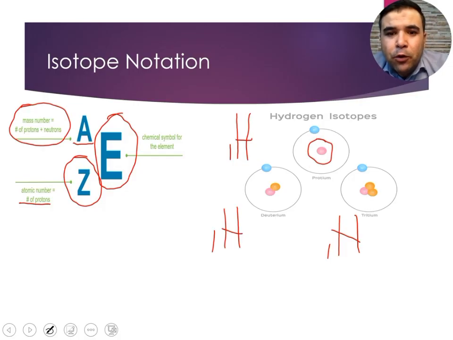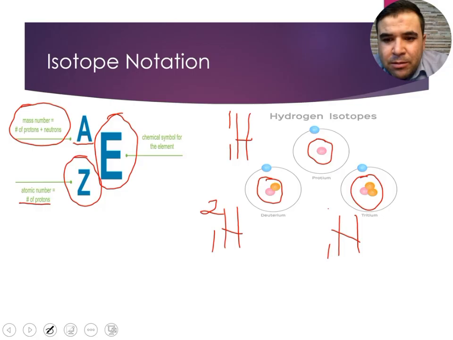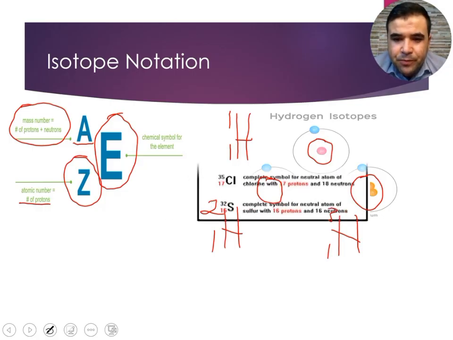Here we have 1 proton and 0 neutrons, so the uppercase will be 1. Here 1 neutron with 1 proton becomes 2, and here the mass number becomes 3, because 2 neutrons plus 1 proton.